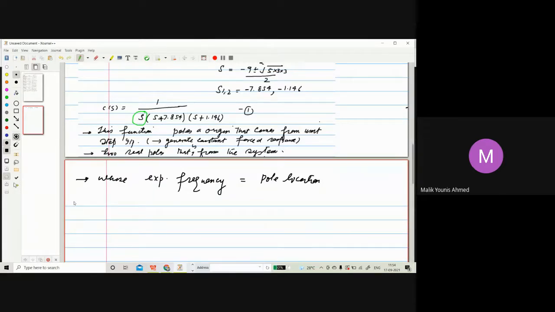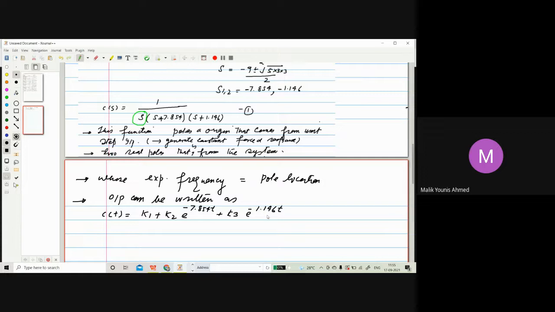Hence, without any tedious calculations of using the partial fractions and then the inverse Laplace, we can simply write the output. Initially, we can write the output c of t as K1 plus, whatever you want to write, a constant, K2 e raised to the power minus 0.854 t, the first pole on the negative real axis, plus K3 e raised to the power minus 1.146 t, the second pole.